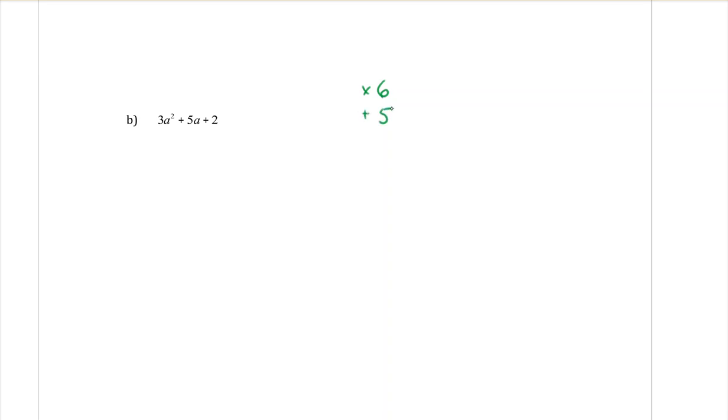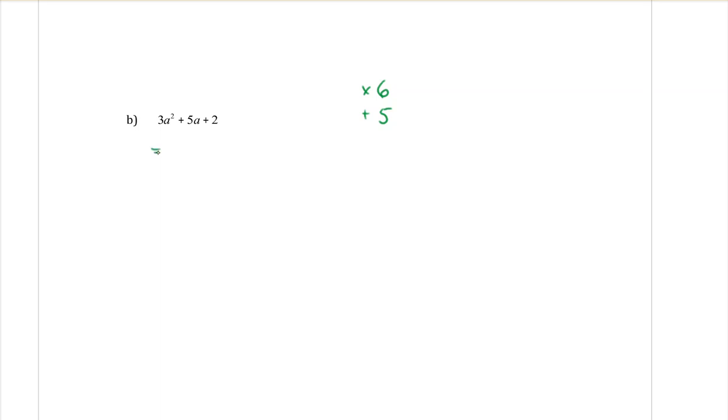Yes, Ruby? I times the number at the front, the 3, times the number on the end. 3 times 2 makes 6. Okay, so the 2 numbers, they're all positive signs, so they're going to be positive. So 2 and 3, 2 times 3 makes 6, and 2 plus 3 makes 5. So instead of putting it into brackets though, what you do is you split your middle term into those numbers.